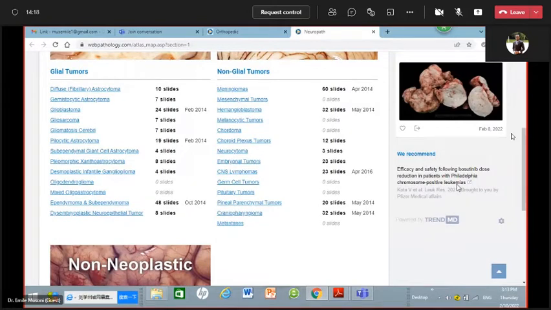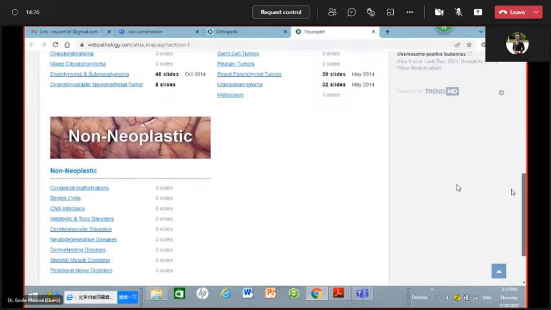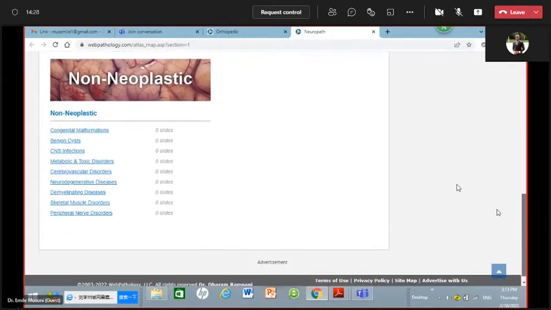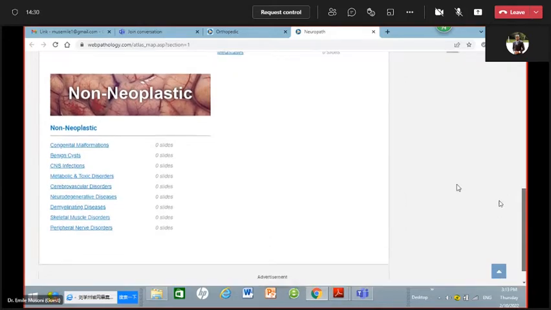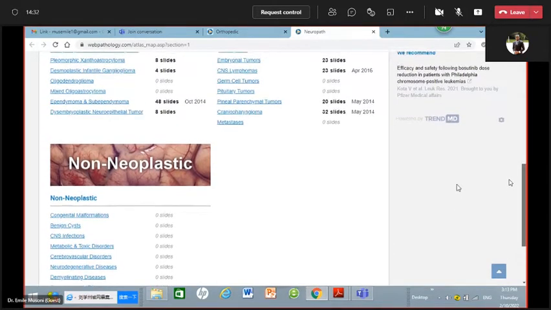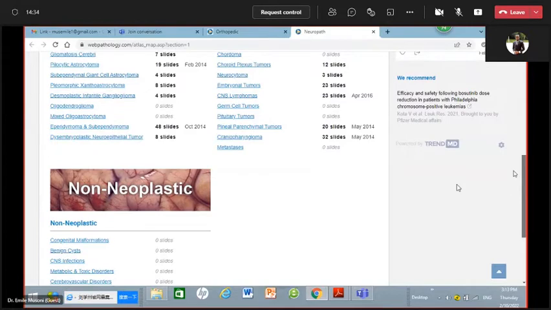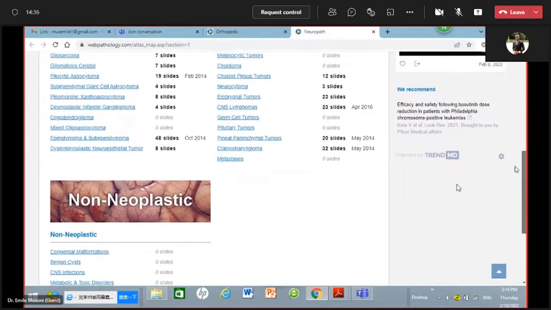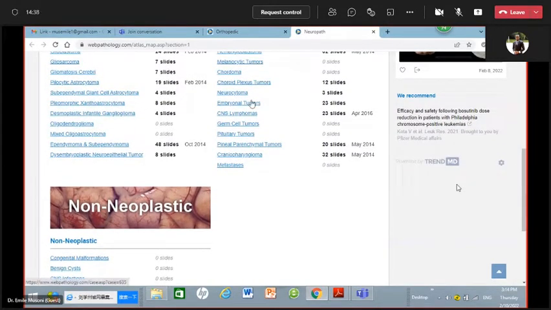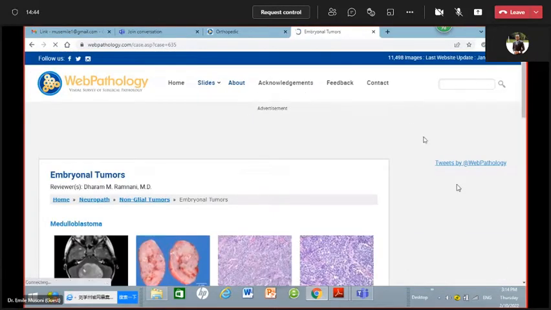But let us see some images of medulloblastoma, ependymoma, oligodendroglioma. Let us see the embryonic tumors. For example, this one, medulloblastoma.